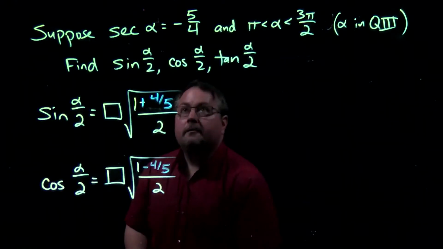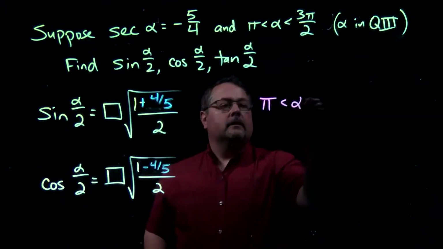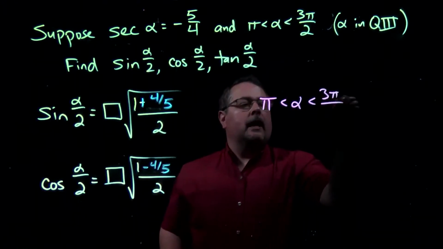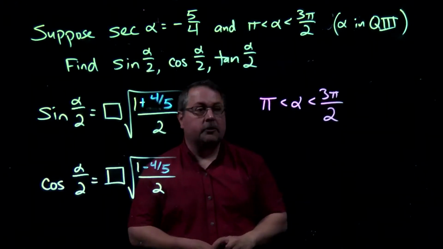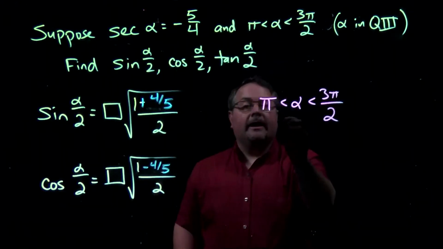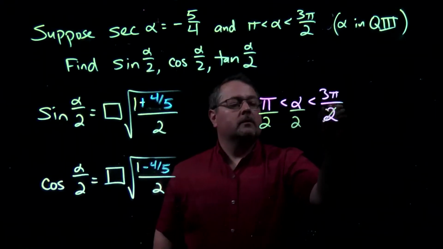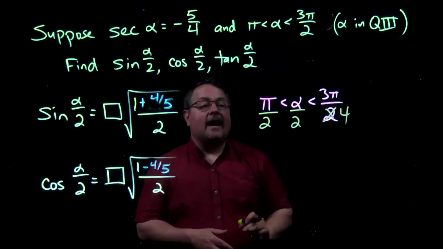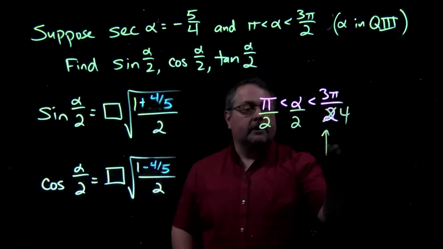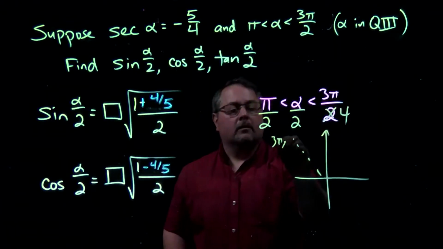And we can use the fact that alpha is in the third quadrant. So alpha is between pi and 3 pi over 2. If we take this inequality and we divide everything through by 2, this inequality is still true, and we get that alpha over 2 is between pi over 2 and 3 pi over 4.